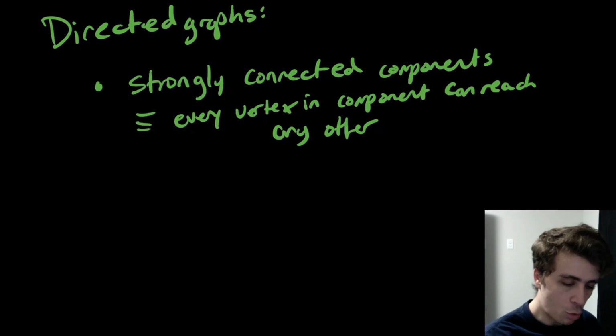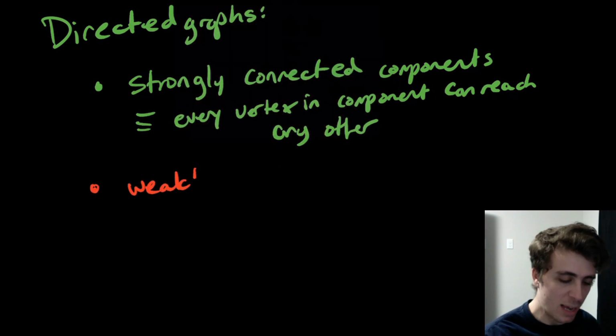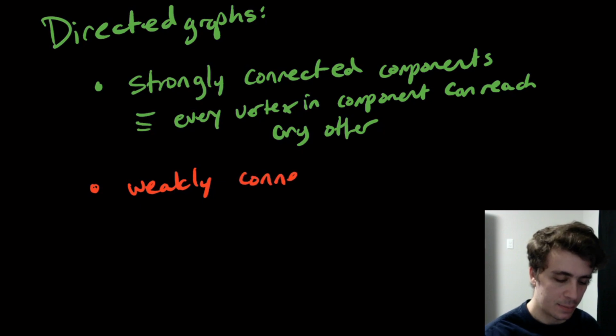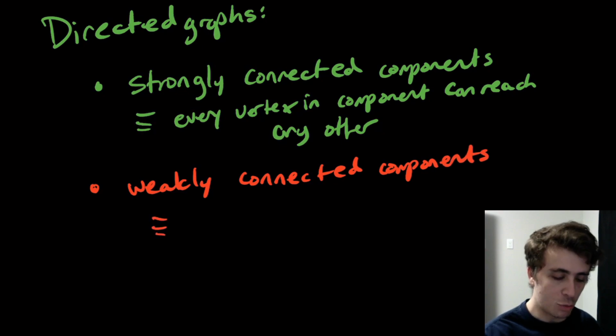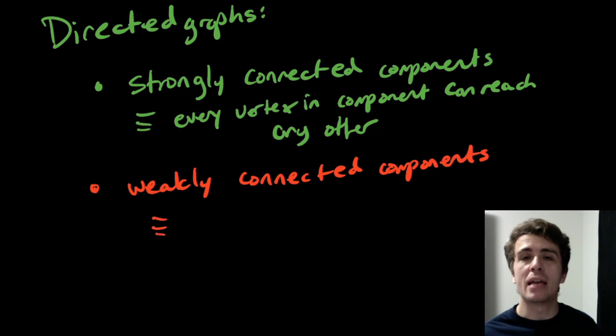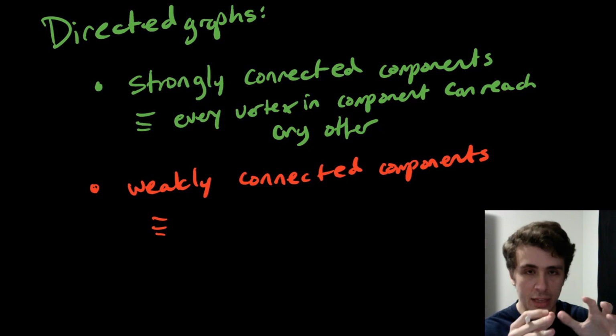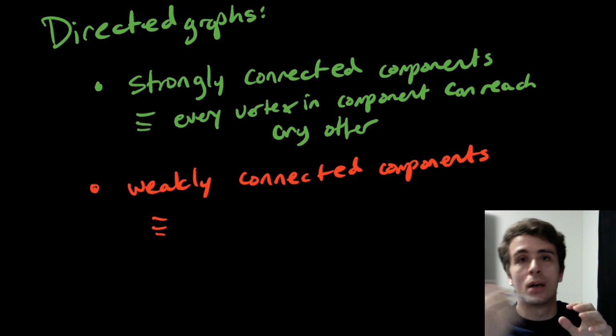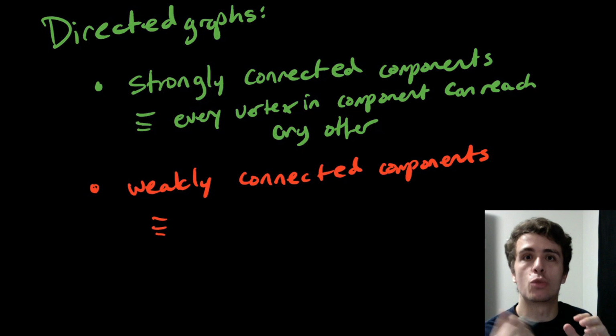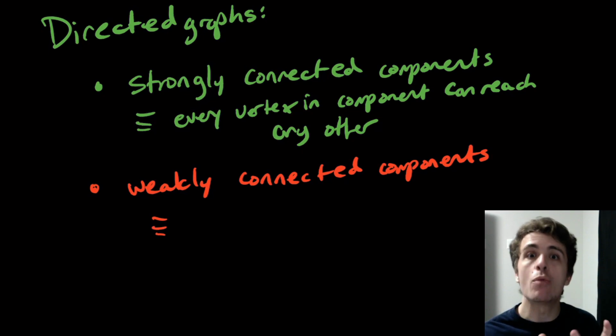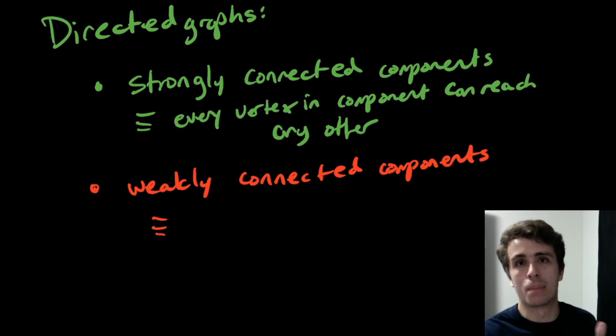But there's a weaker version, which is sometimes useful, which is called weakly connected components. And what are those? That's when, if we look at the graph right now and we eliminated all of the directions on the arrows, then we get a connected component.